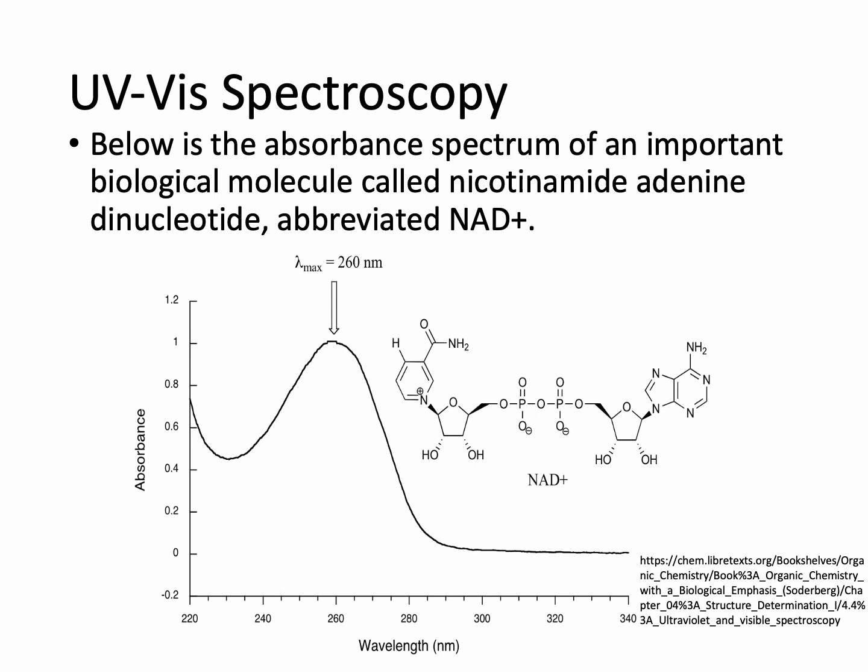The device passes the different wavelengths, in nanometers, through the sample and looks at the absorbance of that sample for each and every wavelength, and then it creates this graph.